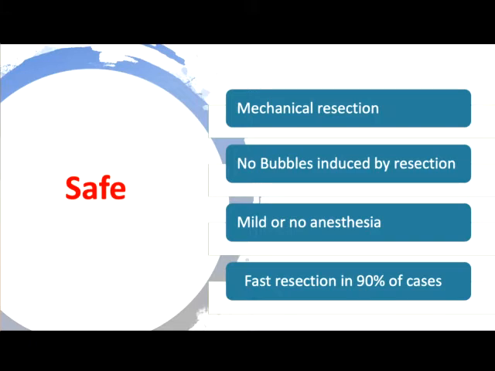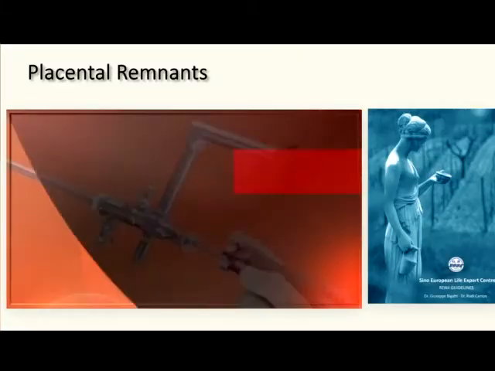With the shaver, because you are very fast, you need very mild, or in case of the 19 French, no anesthesia. So you also reduce the risk of anesthesia. And in the end, I can really say that the resection is fast in the majority of the cases. In almost 90% of the cases, you are really very fast. That's why the shaver is safe.